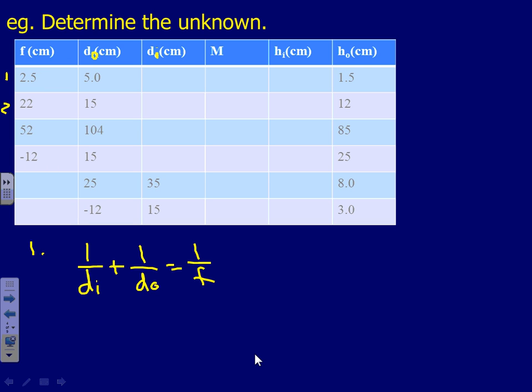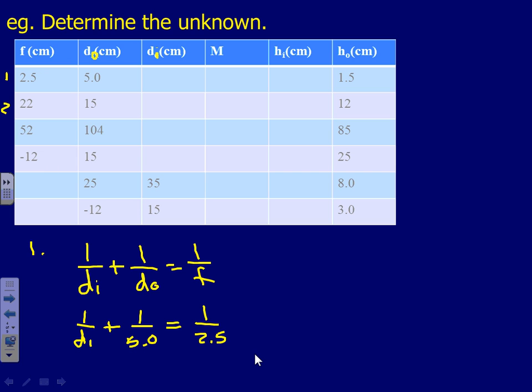Let's continue. Let's put in our information. 1 over di is what we're looking for, plus we have do, 1 over 5.0, equals 1 over 2.5.